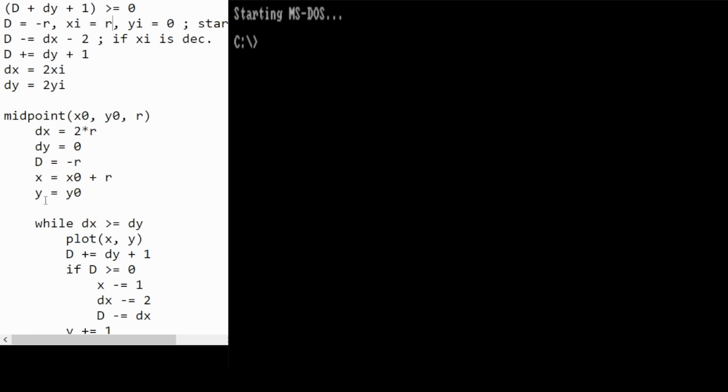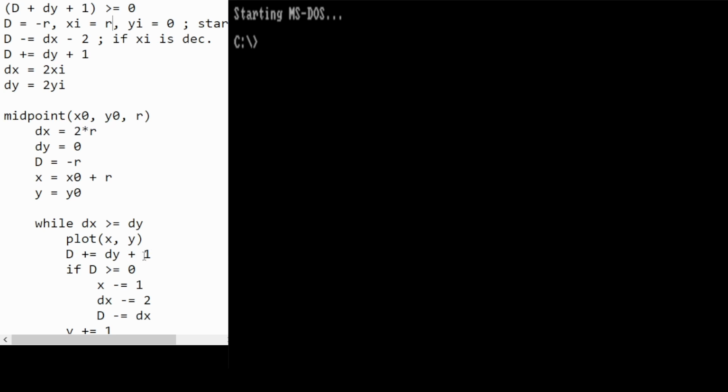So the next thing that we have to do is decide whether we're going up and to the left or just straight up, and for that we need to evaluate this inequality here. So the first thing we need to do is to add dy plus 1 to d, and then we need to check if the result is bigger than or equal to 0. So that's these two lines here.